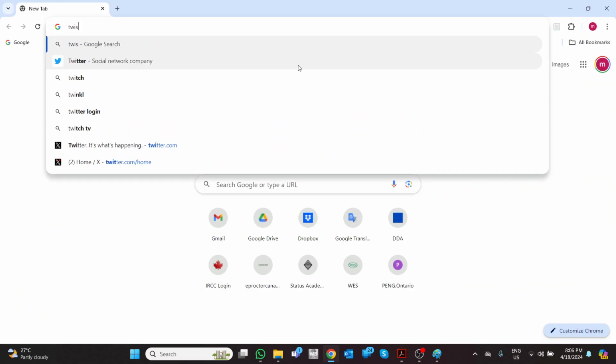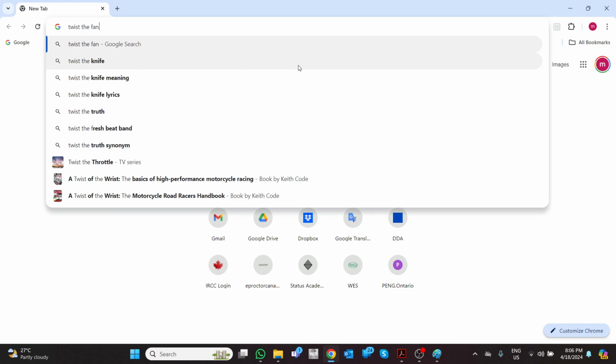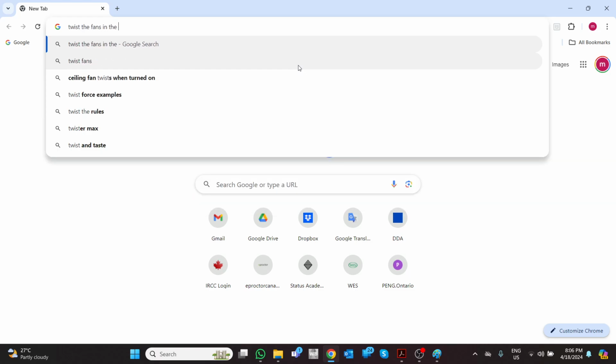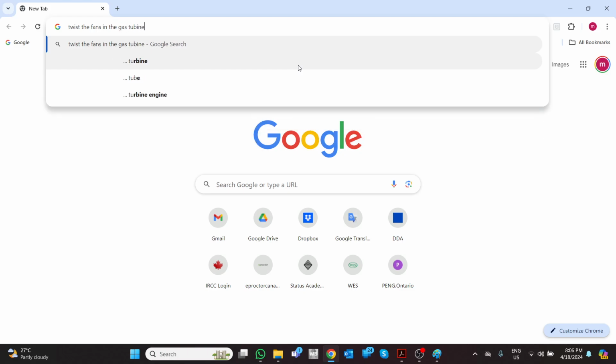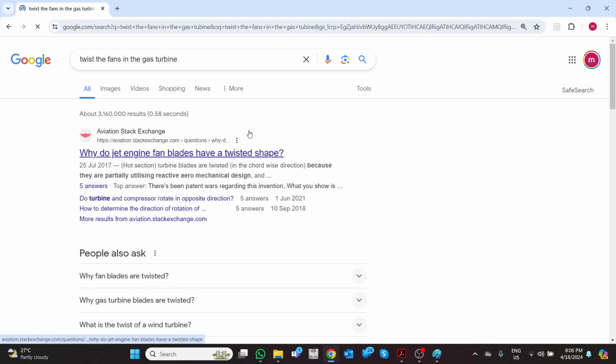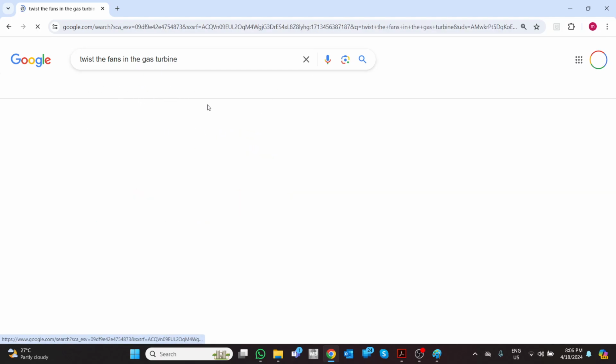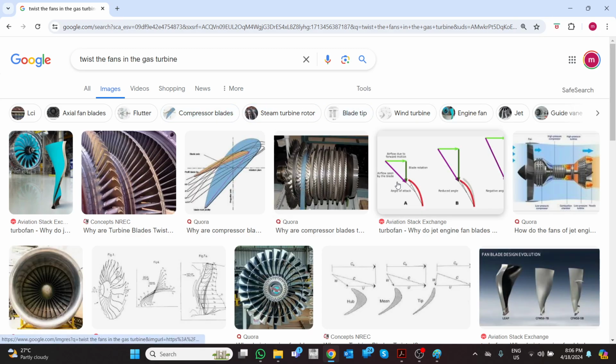How does it look? It will be like this. Twist the vanes in the gas turbine. Yes, something like this.